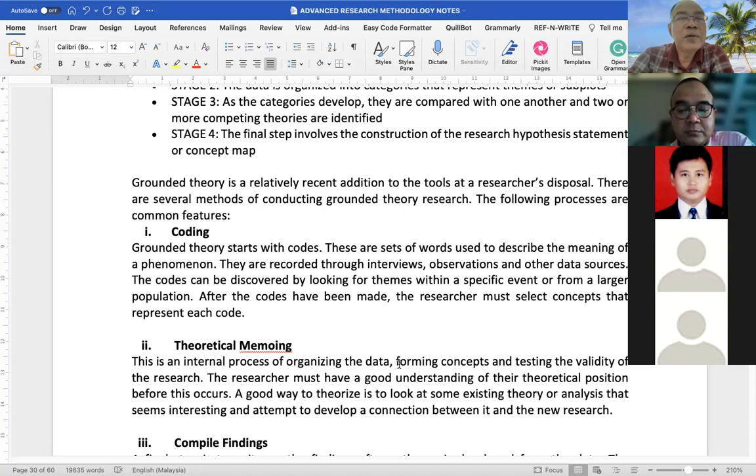For example, one of the answers is that the respondents say that they pay zakat because their husbands also pay zakat, and some of the colleagues also pay zakat. Some of the peers also pay zakat.